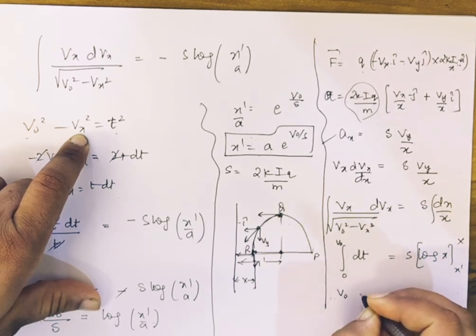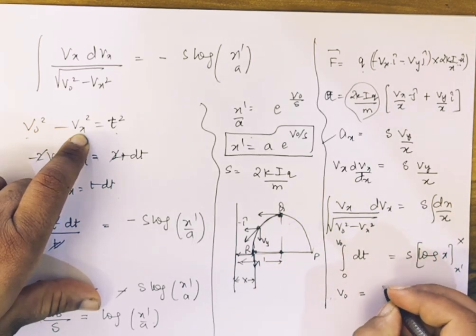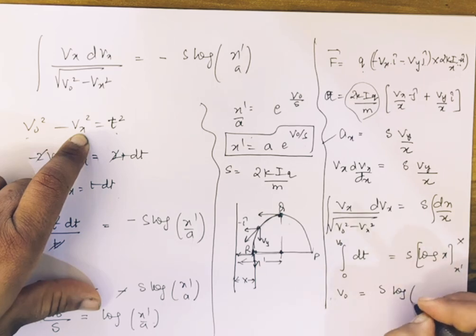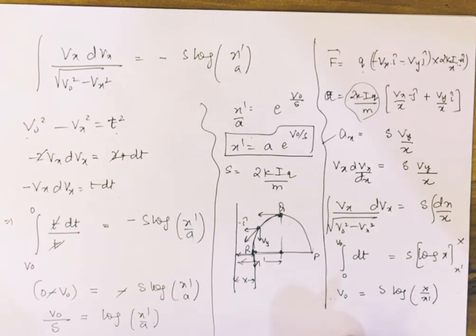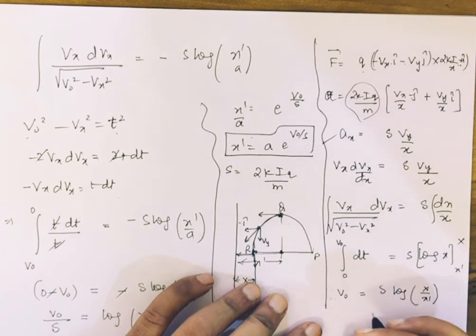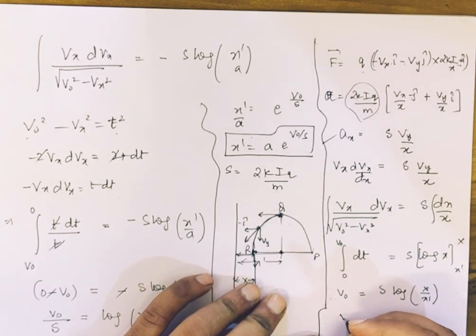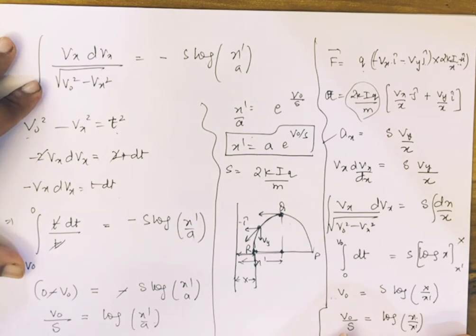So this time I am getting v naught is equal to s log of x by x dash. Okay, this time we are not having any minus sign. So v naught divided by s is equal to log of x upon x dash, and we need to find x.